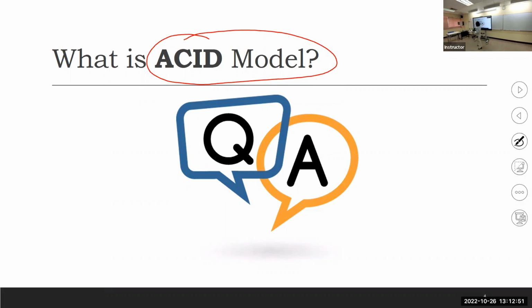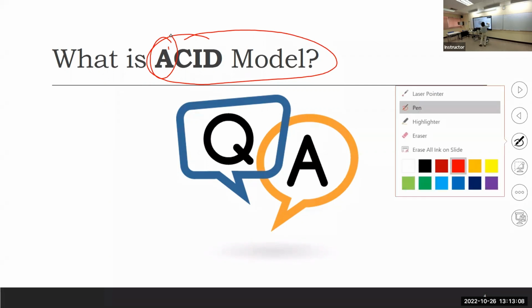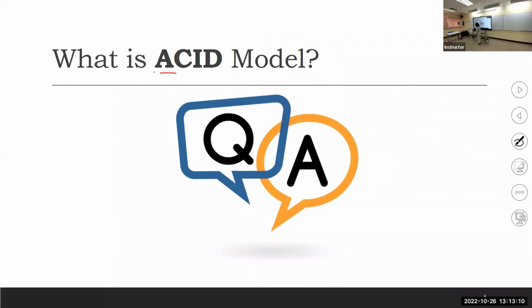Okay, so what do you get? What is A? Pardon? Thank you. Atomicity. Okay, we go for the acronym first, and we go for the definition one by one later. So A for atomicity, C for consistency.